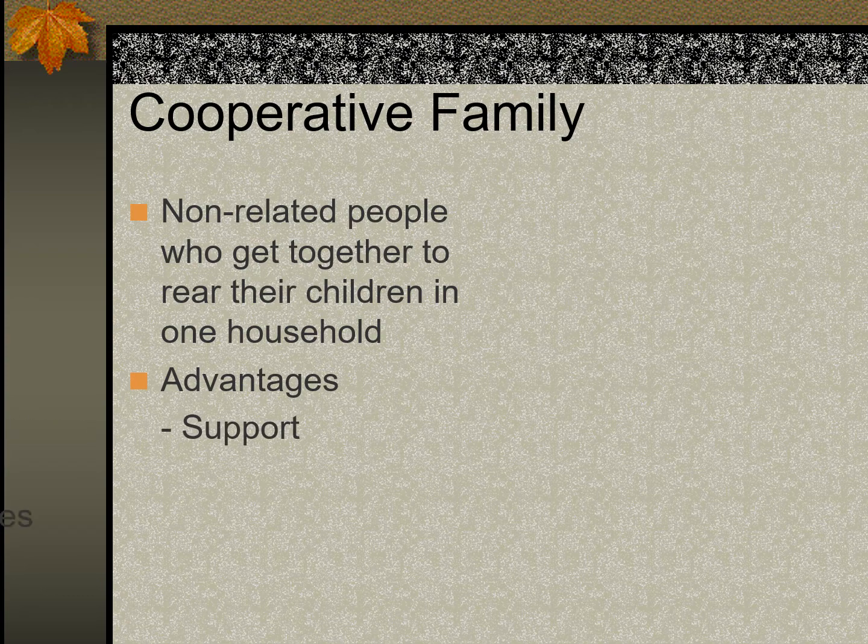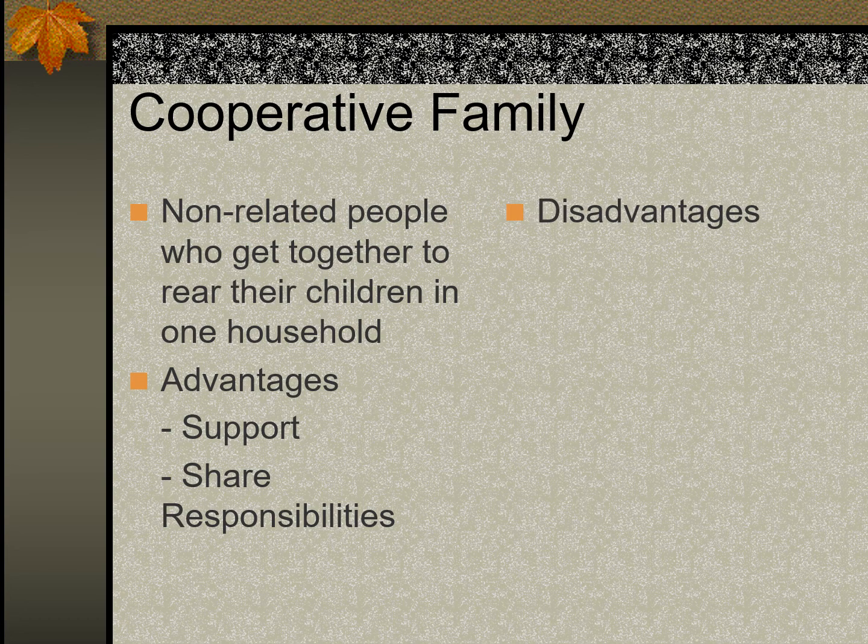You're going to have a lot of support. Once again, shared responsibilities, but the disadvantages also come from where that's an adjustment when you have two different people who are coming together to rear their children in one household, but yet they're not related. Maybe they have different ways of doing things and things of that nature.